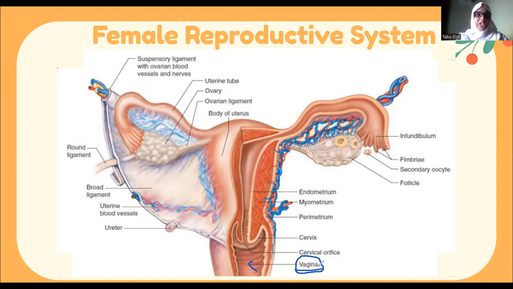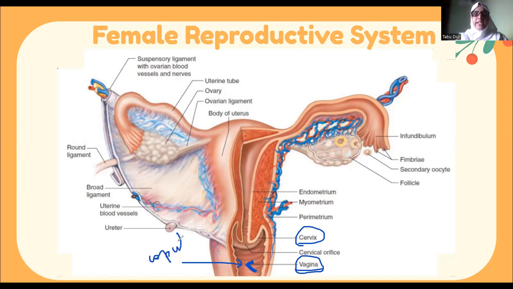That's the vagina. So this is the outermost exit of the reproductive system, which is the vagina. Then this vagina opens into the cervix. This is the tract, the place where copulation will take place.